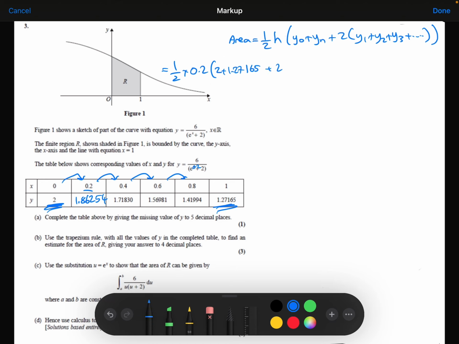So plus 2 lots of the 1.86254 plus 1.71830 plus 1.56981 plus 1.41994. And if I substitute that into my calculator, I get 1.6413.